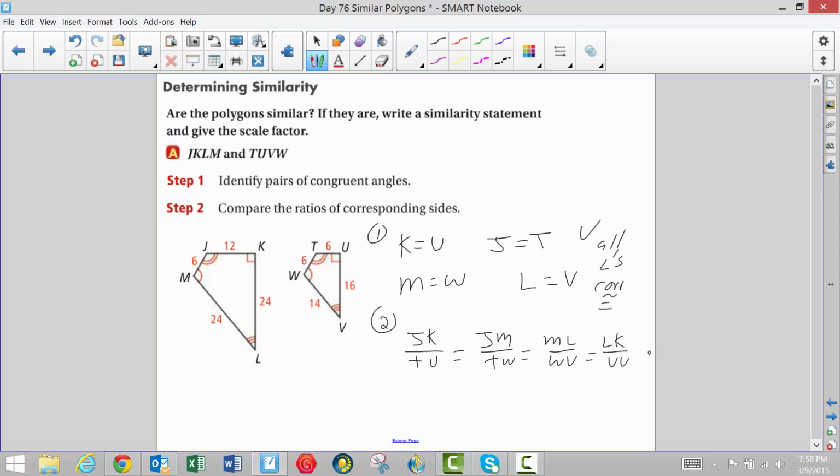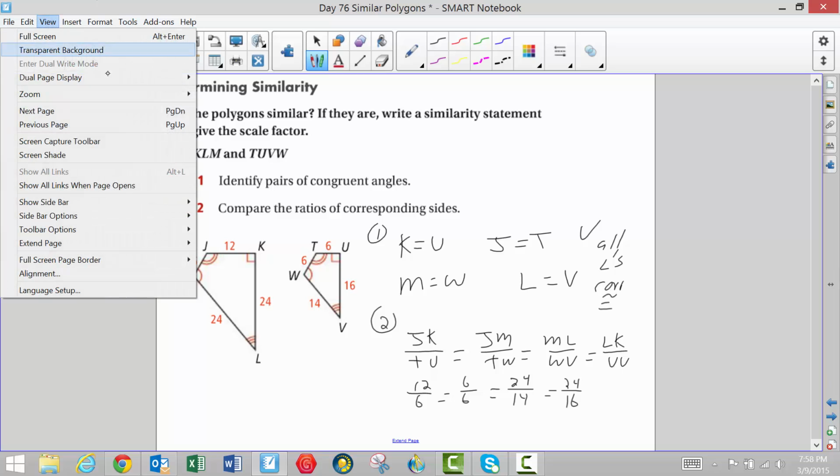So are all those ratios going to be the same? Well, J to K is 12, T to U is 6, J to M is 6, 6, M to L is 24, 14, 24, 16. Well, are all those ratios the same?